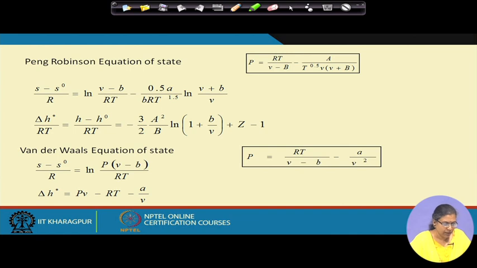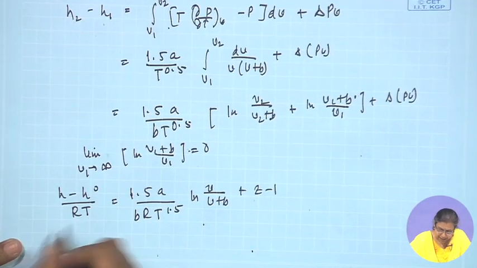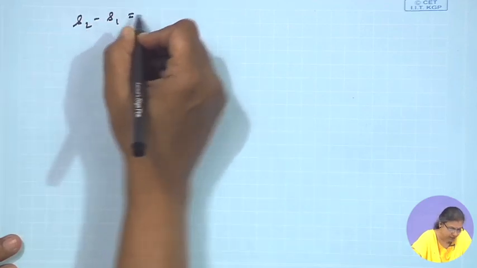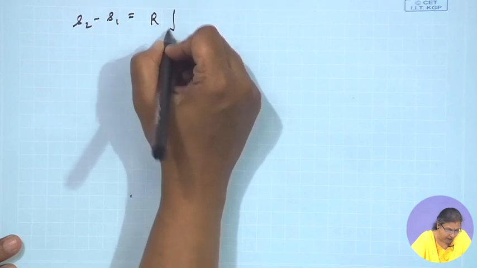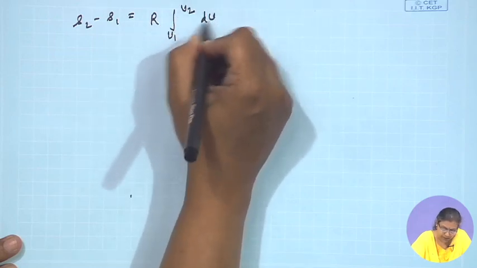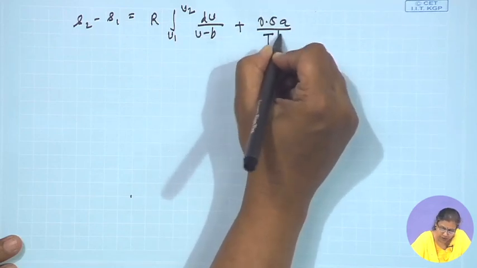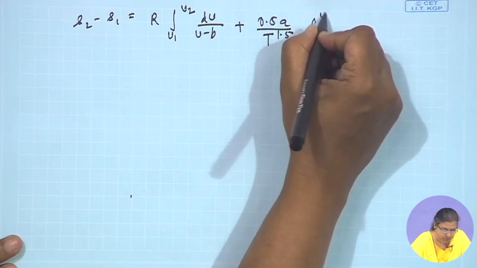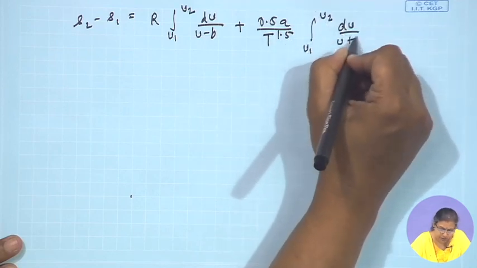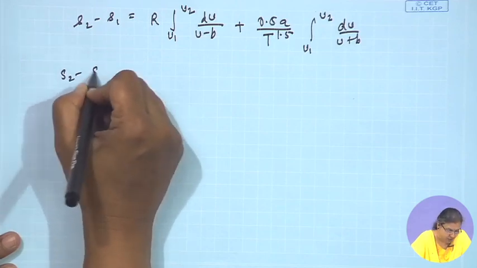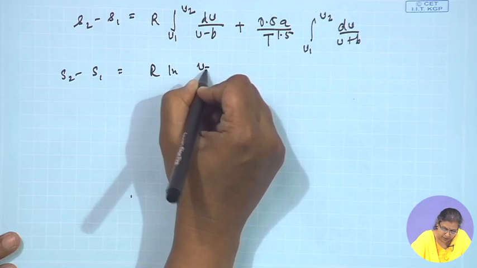In a similar form, if you proceed with the calculations of delta S star, then you are going to find that S2 minus S1 is nothing but R integral V1 to V2 dV by (V minus B), plus 0.5 a by T to the power 1.5 integral V1 to V2 dV by V(V plus B). If you integrate it, you find S2 minus S1 is R ln of V2 by B, and so on.